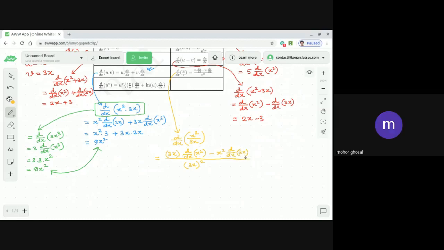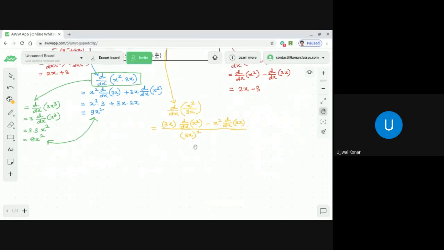I hope all of you are able to get my point, dear students. So that is equal to 3x into the derivative of x square, which is 2x, minus x square into d/dx of 3x, which is 3, divided by 9x square.